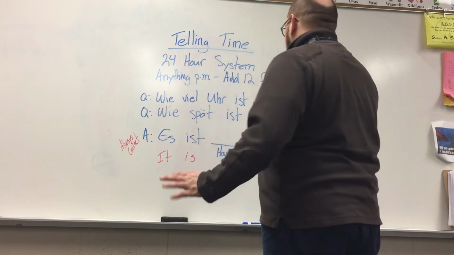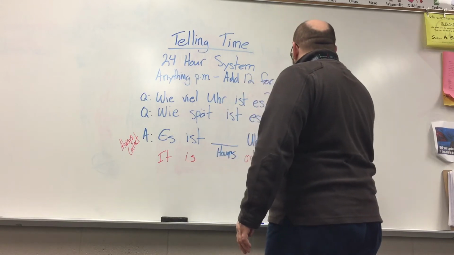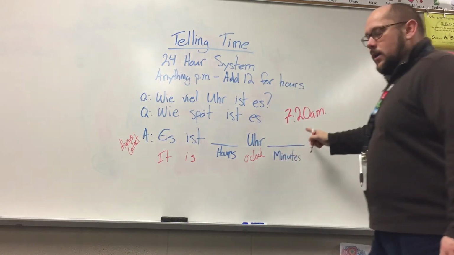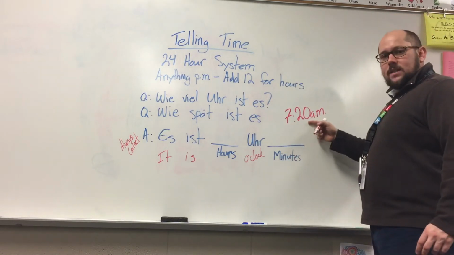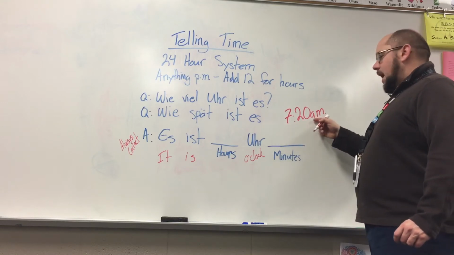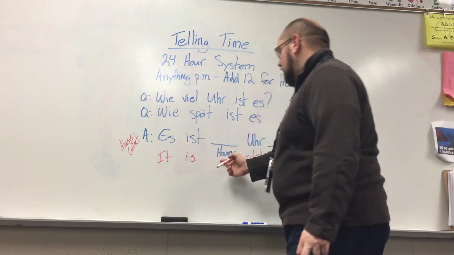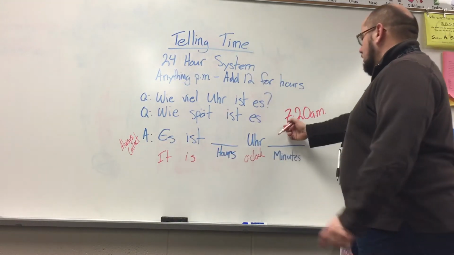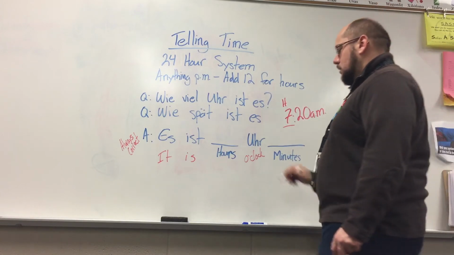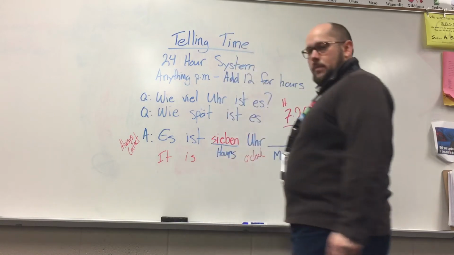Let's do a quick example of this. We're going to use an AM time so we don't have to worry about adding 12 to our hours. Hopefully you can see this over here. 7:20 AM is what we're talking about. All you have to do using this is es ist, our hours. How many hours do we have? 7 is our hours, so we need to put 7 in there.